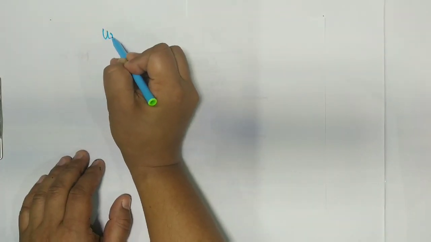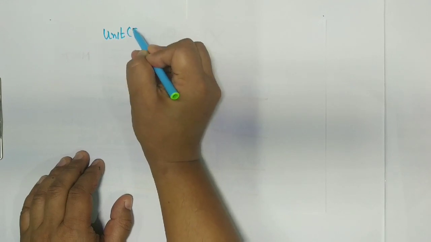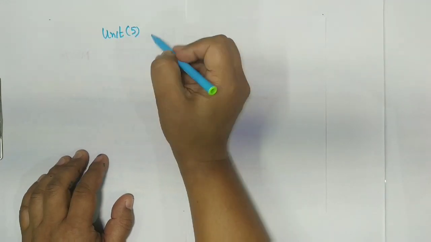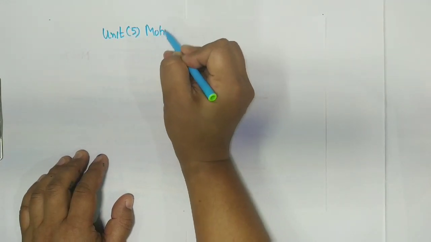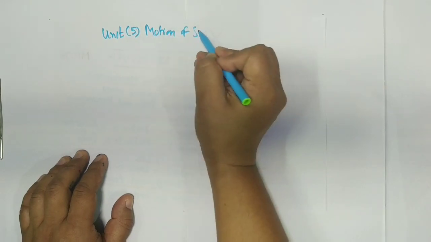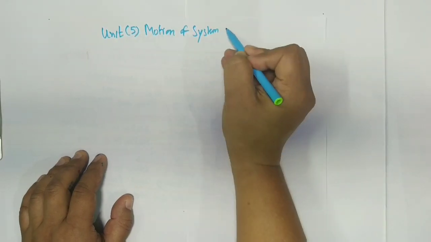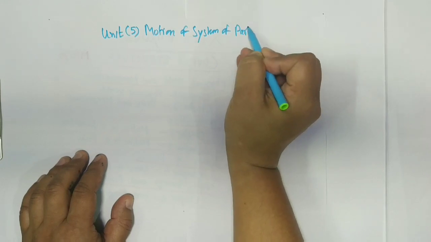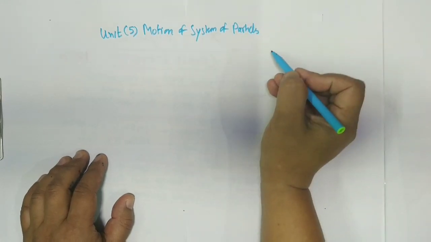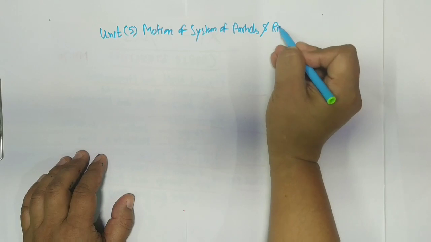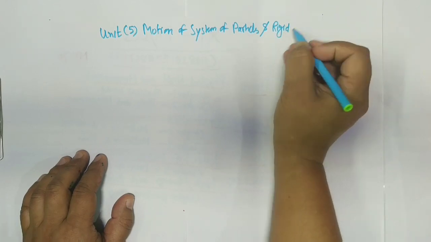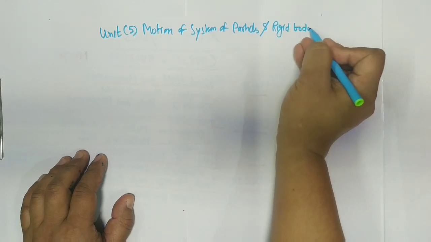Now unit 5. What is unit 5? Unit 5 is motion of system of particles and rigid body. This unit is related to rotational motion.